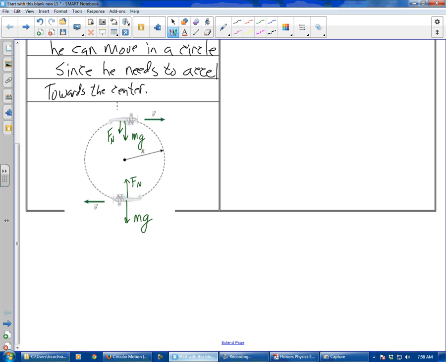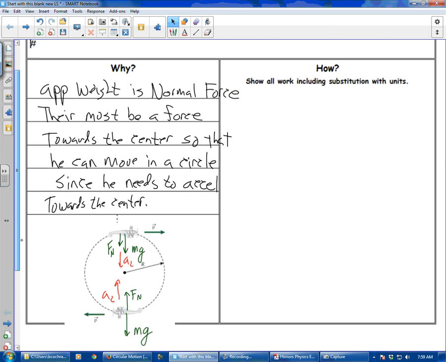And then don't forget that in every force diagram you have to have an acceleration if there is one. In this case, that's the centripetal acceleration. Remember, centripetal just means pointing towards the center. We're going to need that centripetal acceleration to be able to turn the corner.